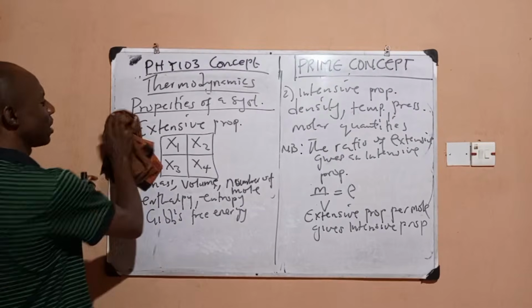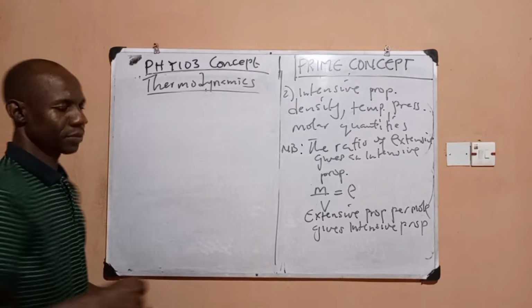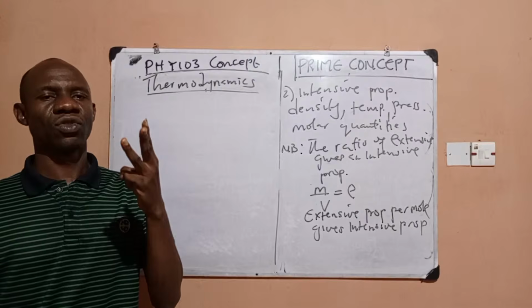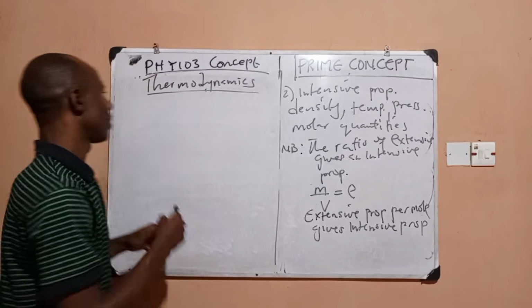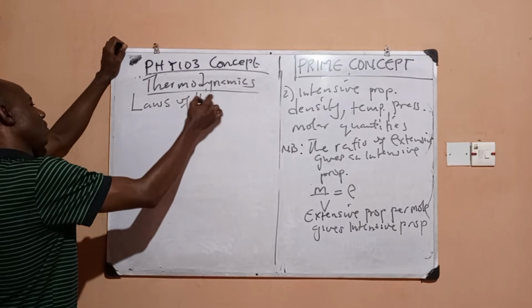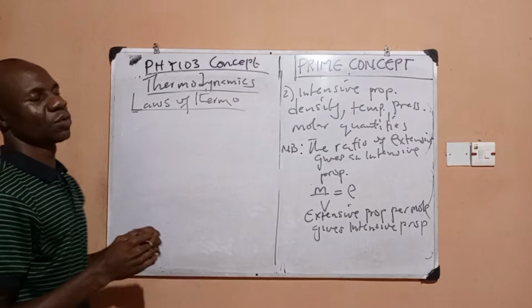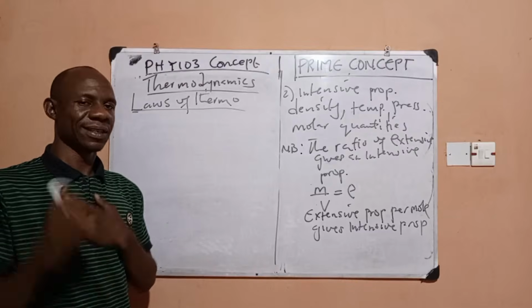So very quickly, let's look at the first law of thermodynamics. There are three laws of thermodynamics you should know. So let's not even start with first law. So let's look at laws of thermo. If you want this course to be easy, you're calling it thermo, don't call it thermodynamics, right?